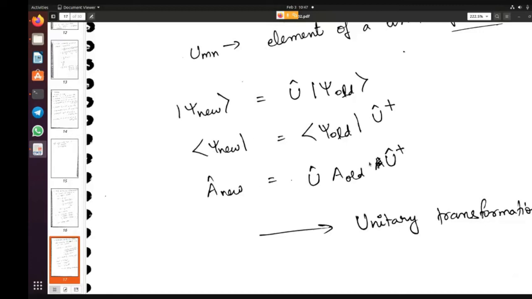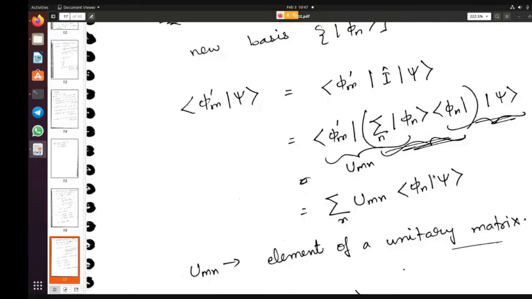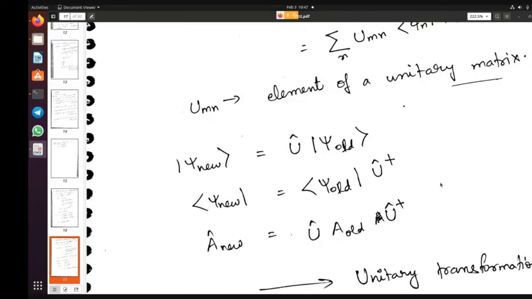Ma'am, hello. After this unitary transformation, the matrix which is formed after this transformation, do they follow the same rules that we have seen before, like the transpose ones? Same rules. Nothing changes. They are still matrices.